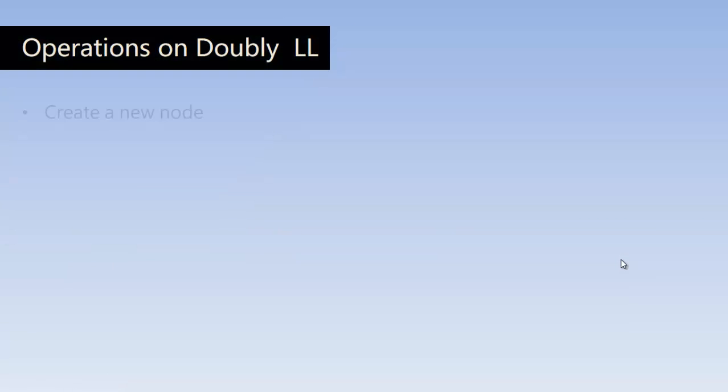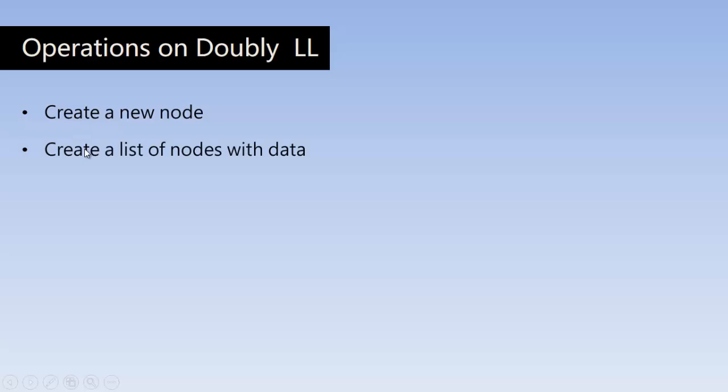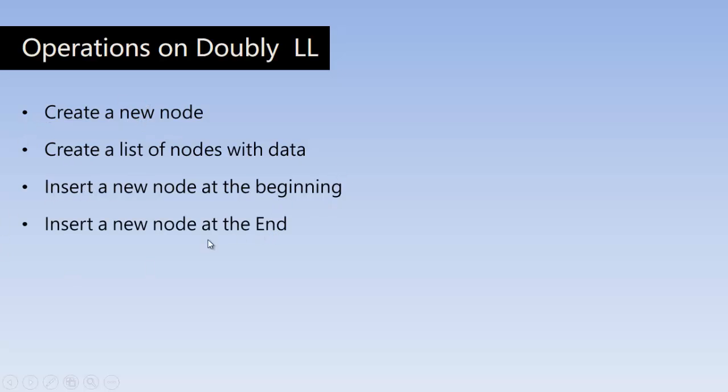These are the operations that we are going to perform on the doubly linked list. Create a new node. Before creating the list, we will create a new node and we'll create a list of nodes with data stored in it. Create a new node at the beginning, if we have created only one node, or create a new node at the end, or create a new node after any particular node.